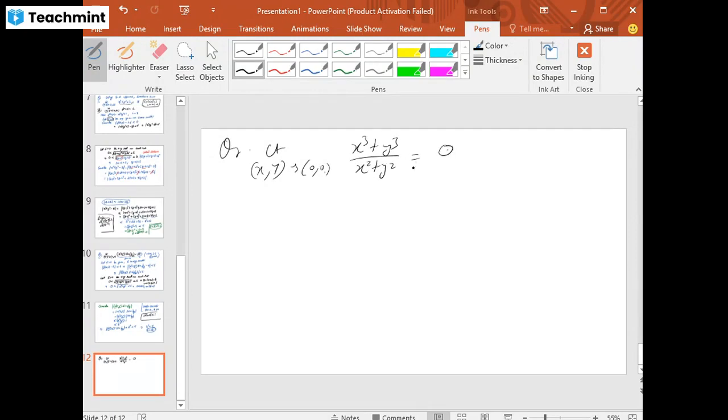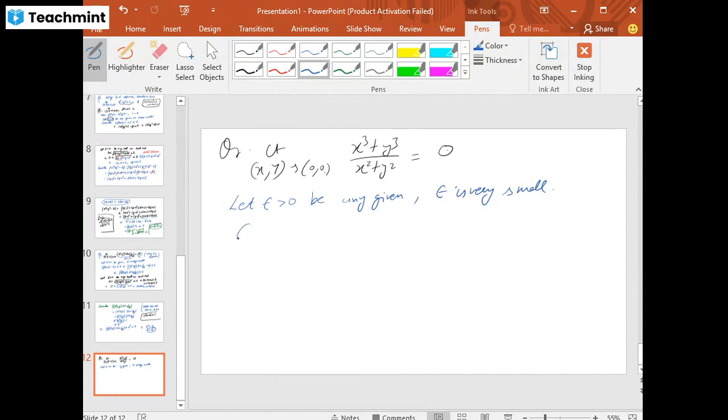Now I want to establish this particular limit. So again, what can we do? Let epsilon greater than 0 be any given number, which is very small.